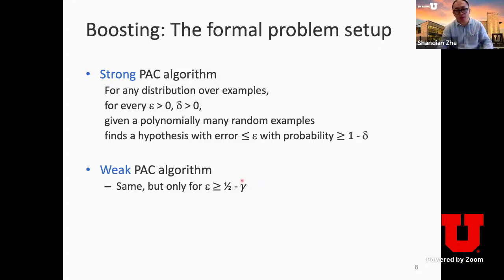Basically, for any distribution over the instance space, an algorithm can use polynomially many training examples and, with high chance, find a hypothesis whose true error is slightly better than a random guess. A random guess just gives you 50% accuracy. If it's slightly better than that, we can call this algorithm a weak PAC algorithm.